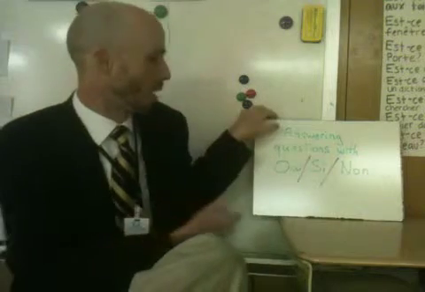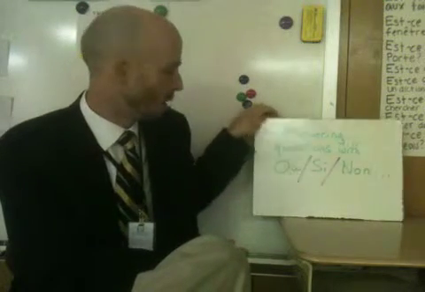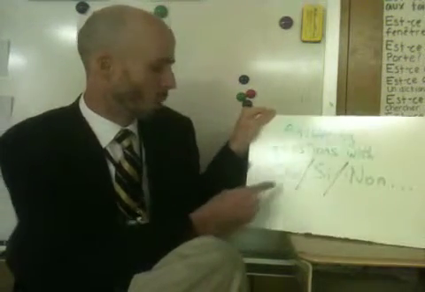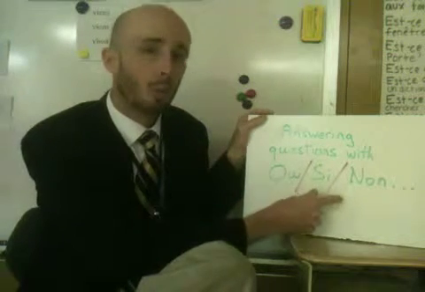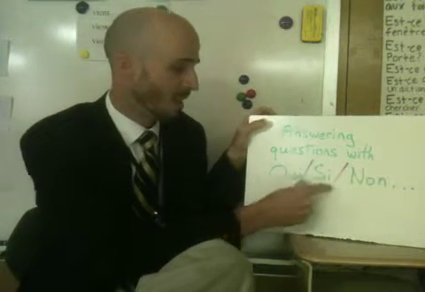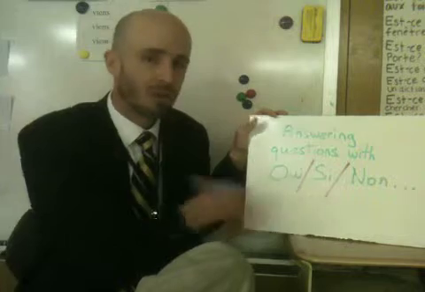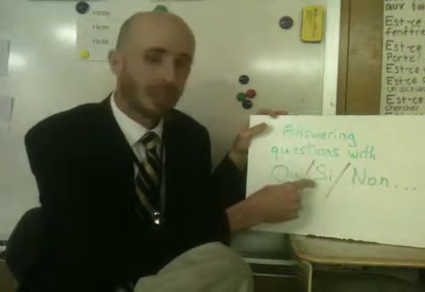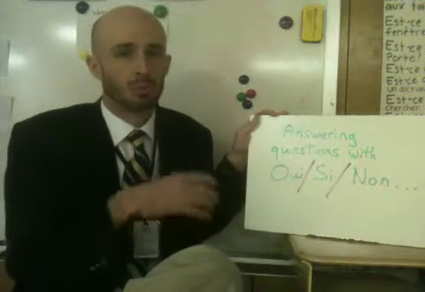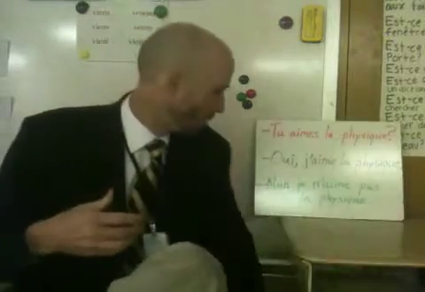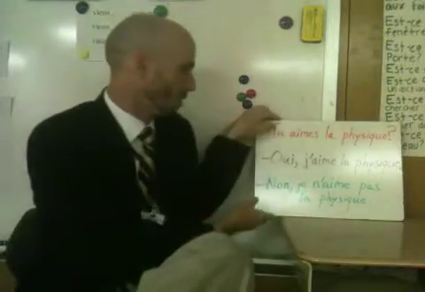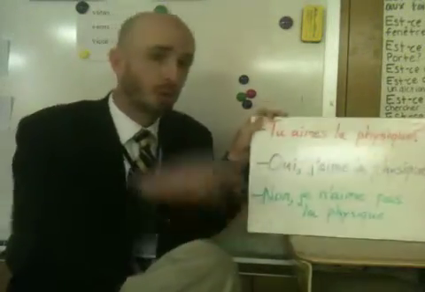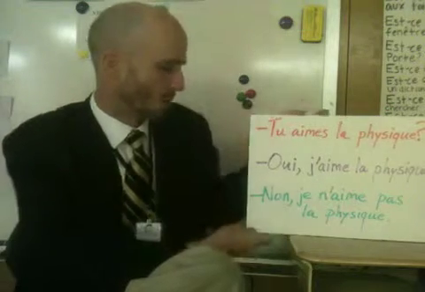Now, how do we answer questions? We have oui, si, et non. Turns out we have two ways of saying yes, oui and si, but we're going to use them in different contexts. So first, let's say somebody asks what I'll call a positive question.